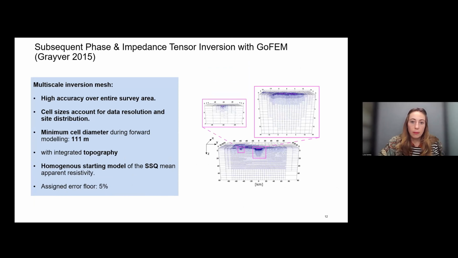And we performed modeling again with the GoFEM code, and we put quite some time into the mesh. So we did a lot of receiver refinements so we can really have this multi-scale image that allows for this interpretation.